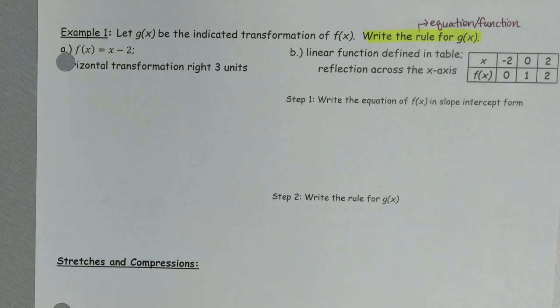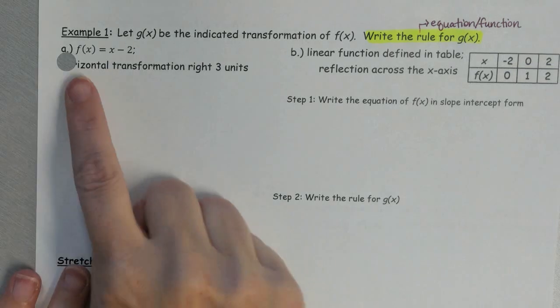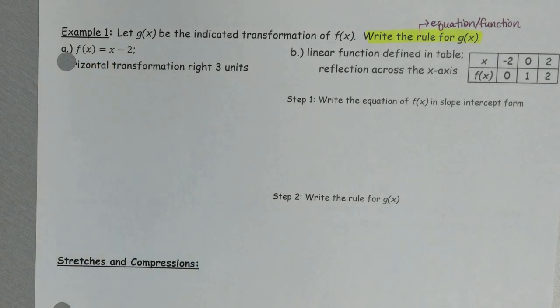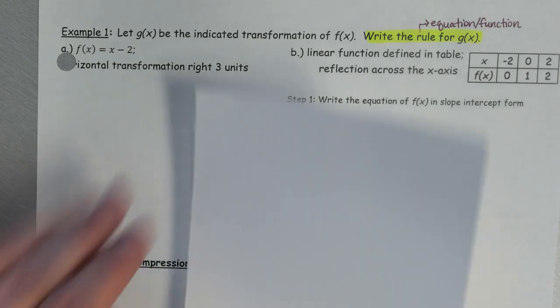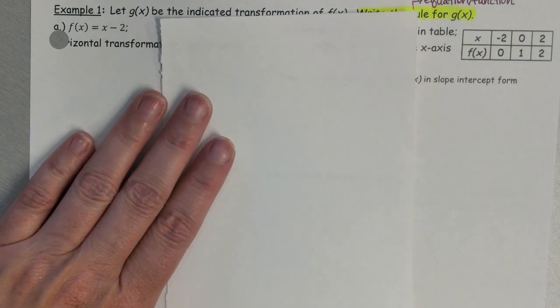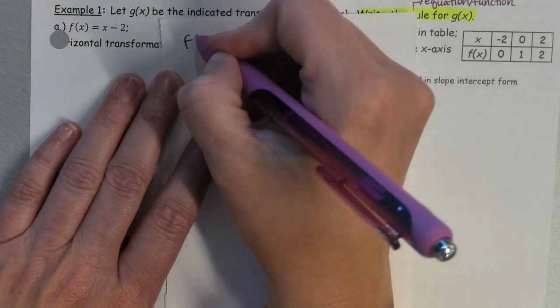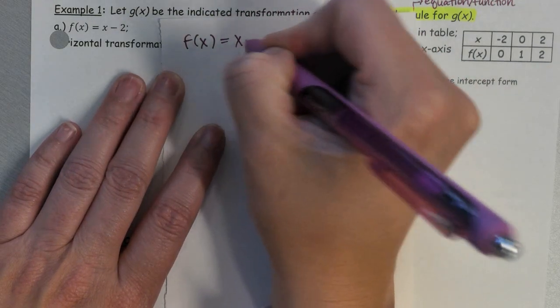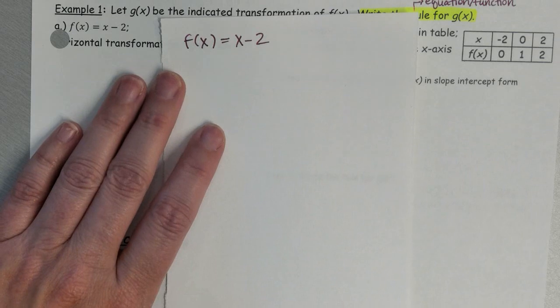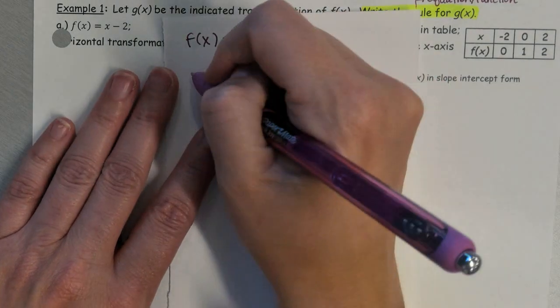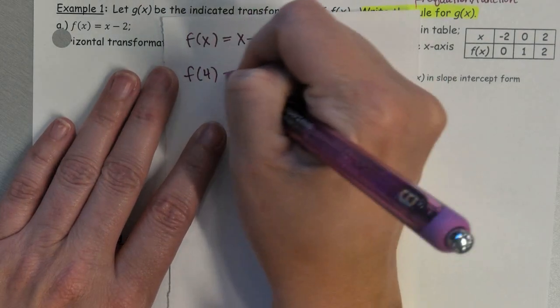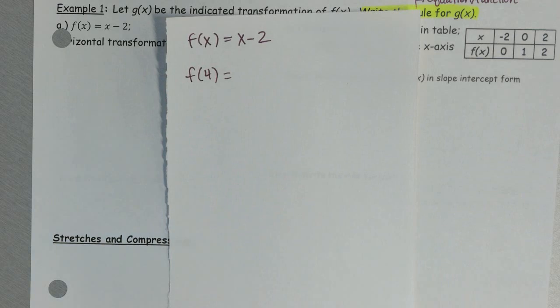Okay, so before we get started, I'm actually going to remind you a few things about function notation. In A, you can see f of x equals x minus 2, right? So if I told you that f of x, you don't have to write this part down, you can just listen to this part. If f of x was equal to x minus 2, and I asked you to find f of 4, would you guys know how to do that?